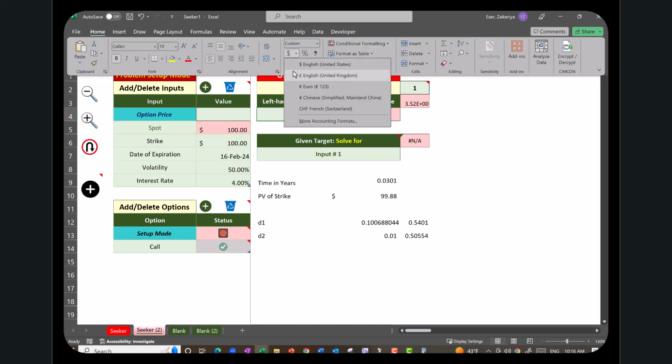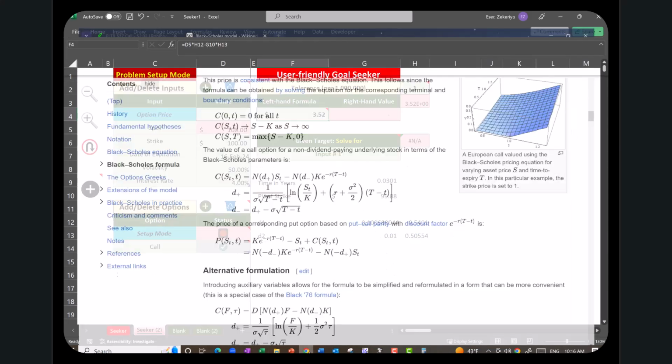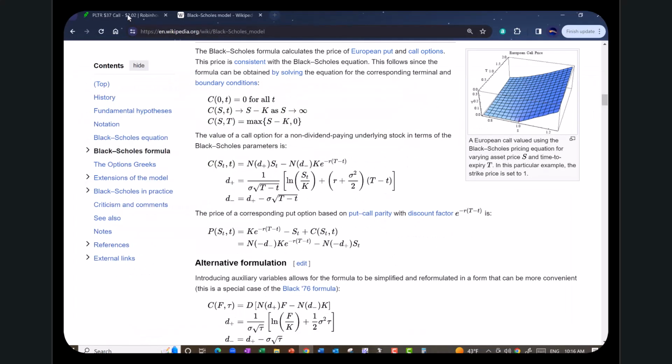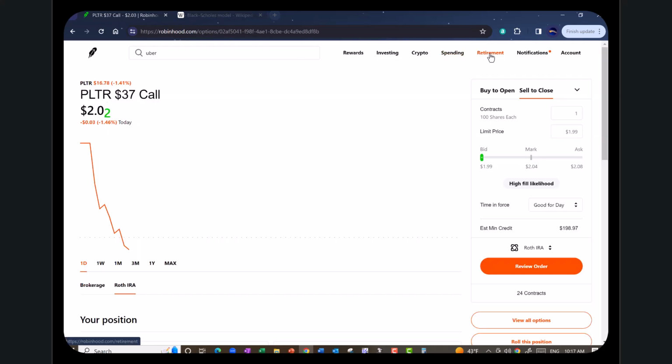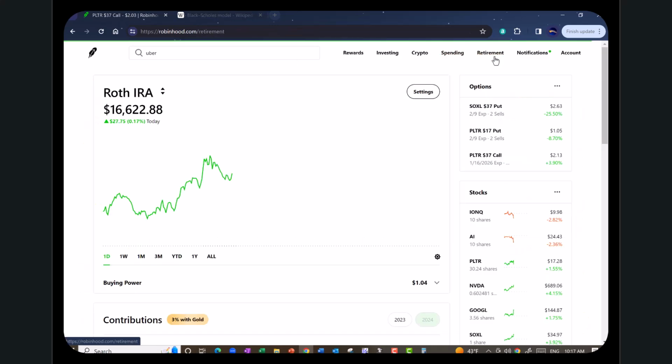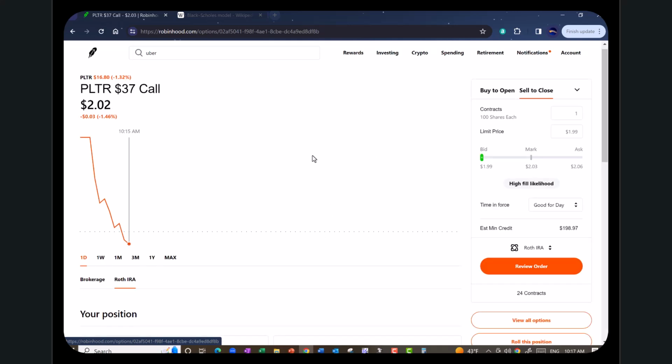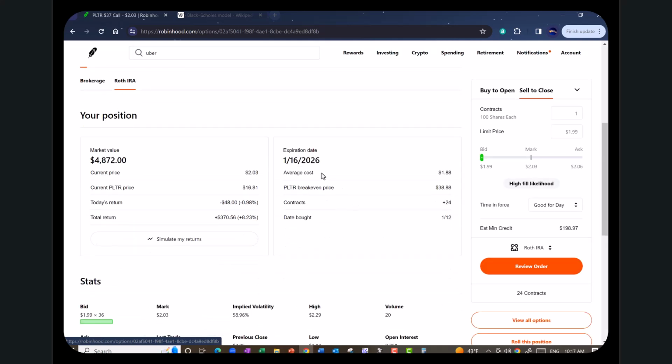So let's go back to my sheet. Since Palantir has, let's look at my 37 call. This expires on 1/26/26.